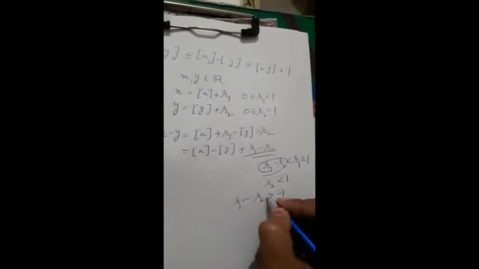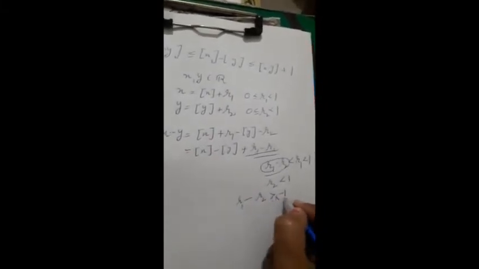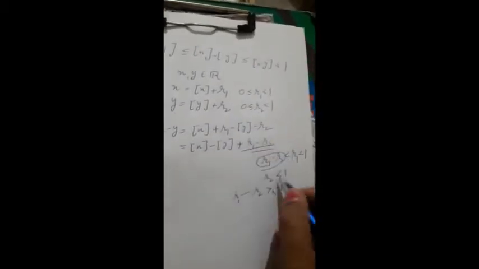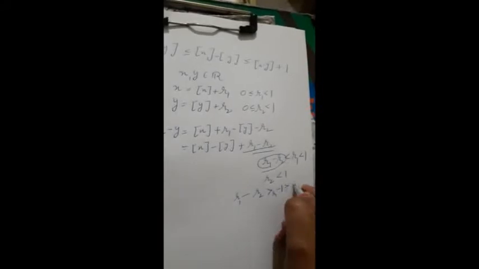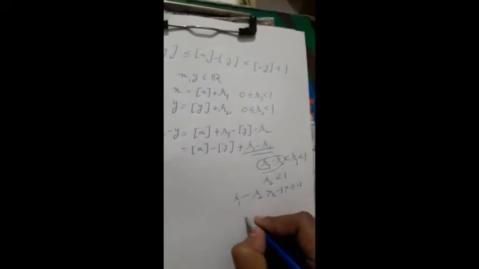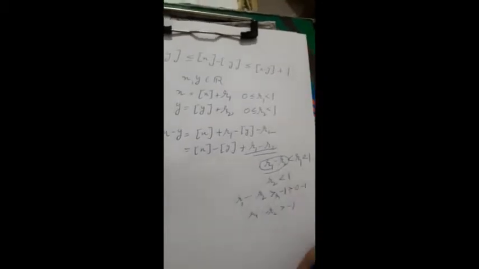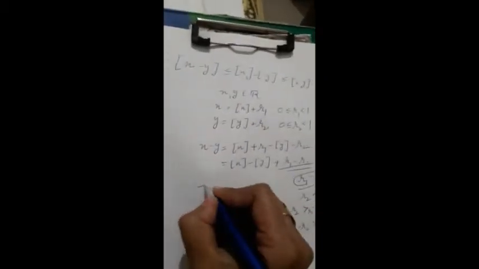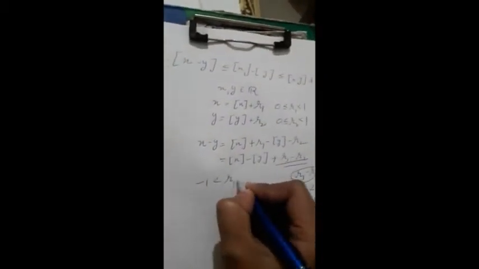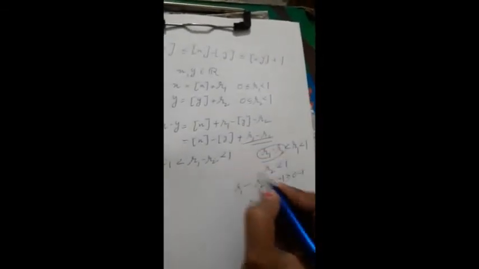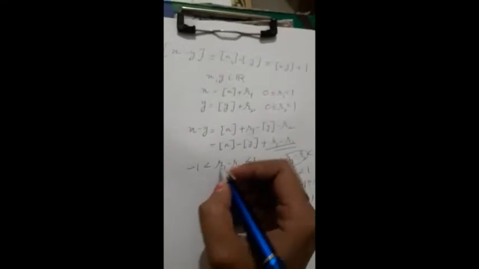Adding r1 both sides, it is greater than r1 minus 1, and r1 is greater than or equal to 0, so r1 minus r2 is greater than minus 1. So its condition is minus 1 less than r1 minus r2 less than 1. We have proved these two conditions.